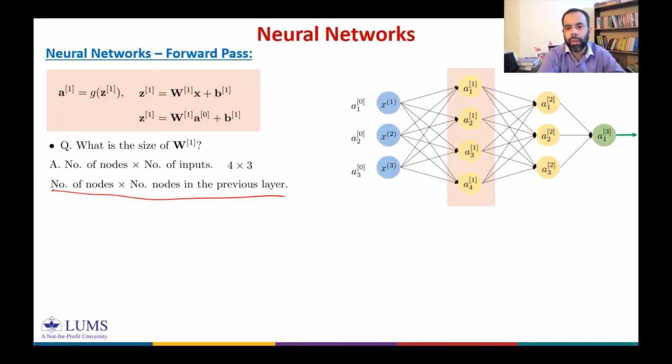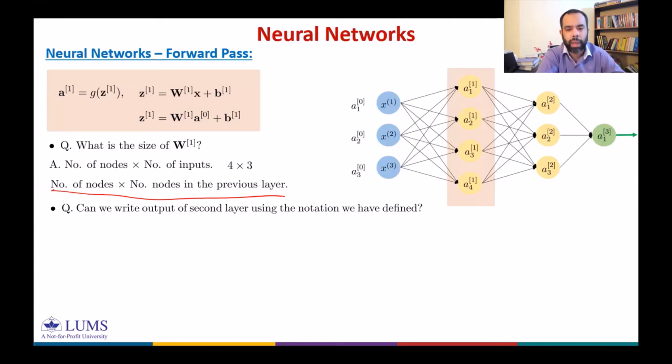Okay. Can we write the output of the second layer using the notation we have defined? Can we relate input to the second layer to the output of the second layer? What is the input to the second layer? A1, the output of the first layer, right?